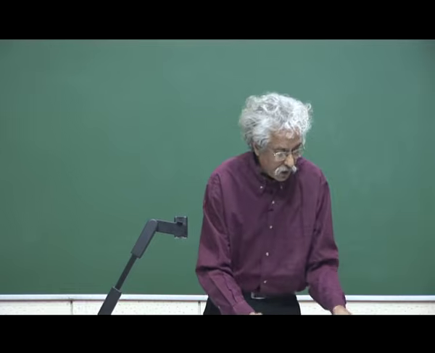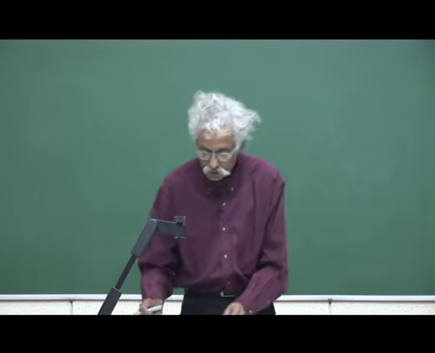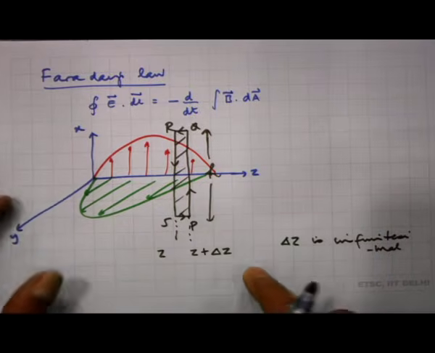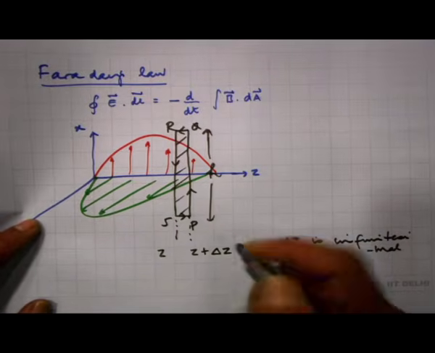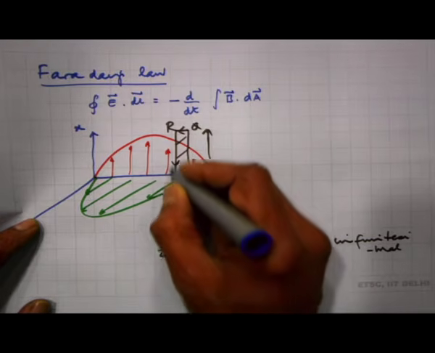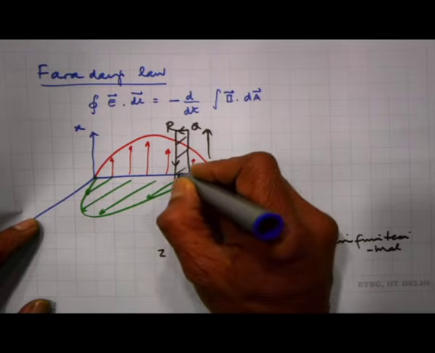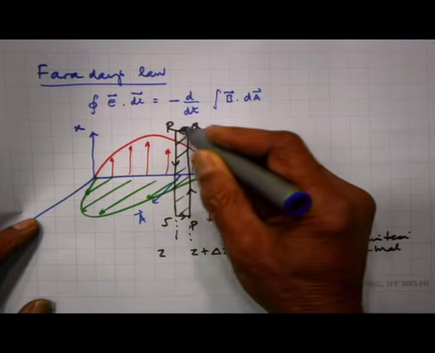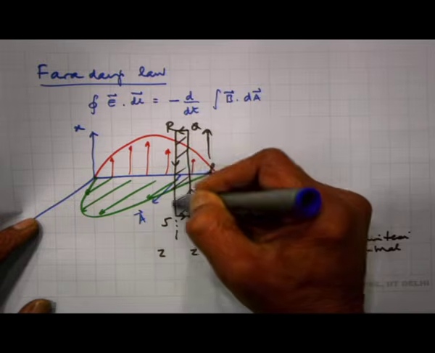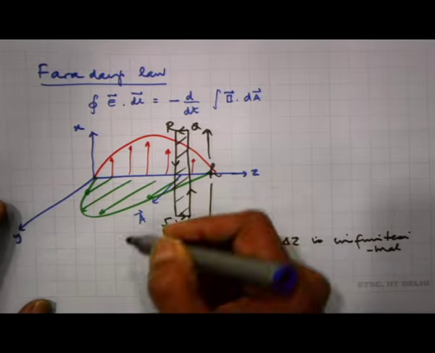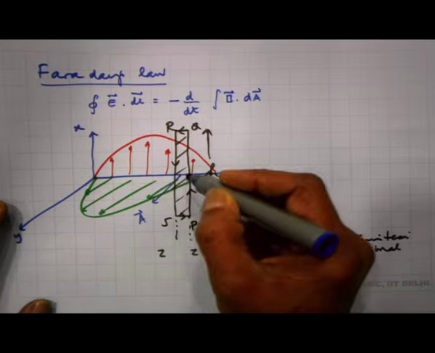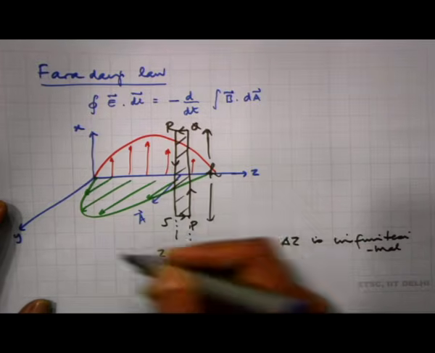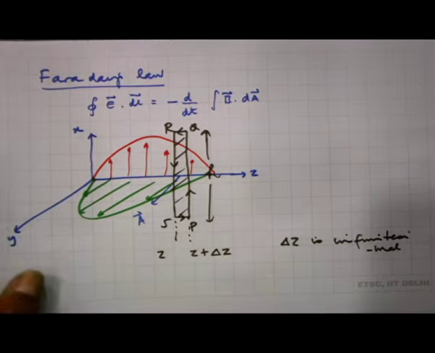Now, let me look at the right hand side of this equation, which is integral B dot dA. Now, I must calculate the flux through this area. The first thing you notice is that because the integration is in this direction, the area vector is along this direction. Because the loop integration which I have done is anti-clockwise, the area vector is along the direction y cap, which is also the direction of the magnetic field.